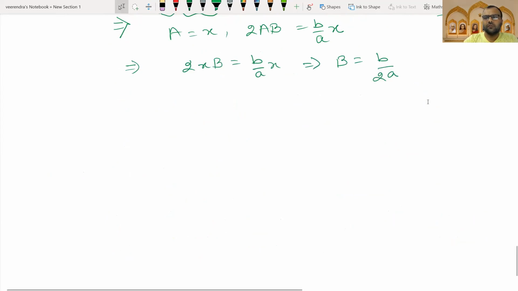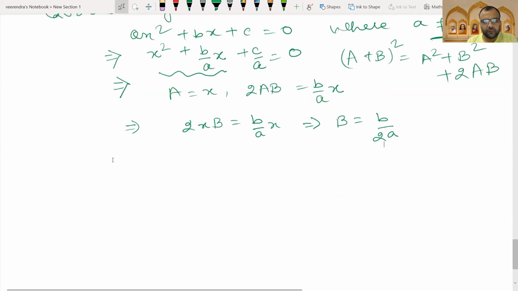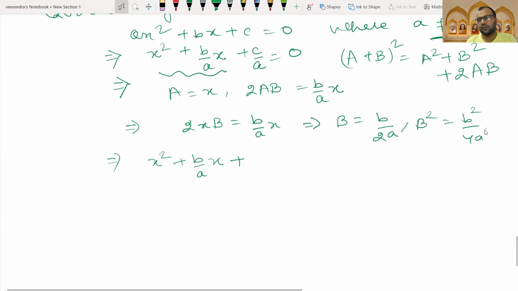So what we will do, we will add the value of B² and subtract the value of B². So it will become x² + (b/a)x + now we will add the value of B². From here, the value of B² will be b²/4a².